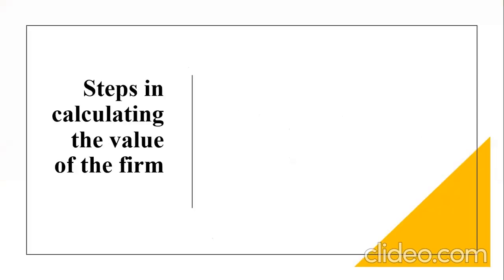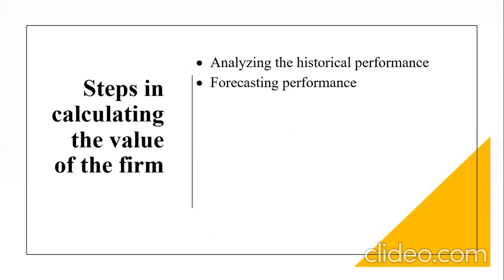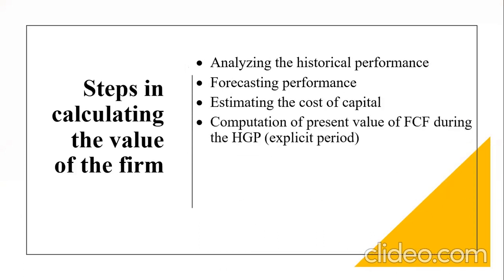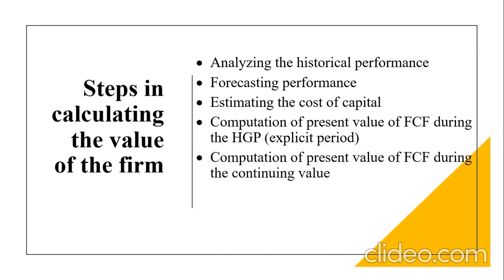Now let's move on to the steps in calculating the value of the firm. The first step is analyzing the historical performance. The second step, forecasting performance. The third step, estimating the cost of capital. The fourth step, computation of present value of free cash flows or forecasted cash flows during the higher growth period, or in other words, we call it the explicit period.